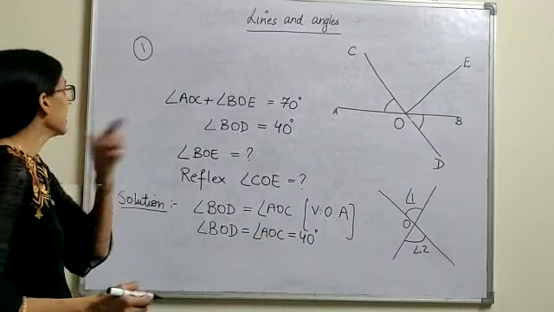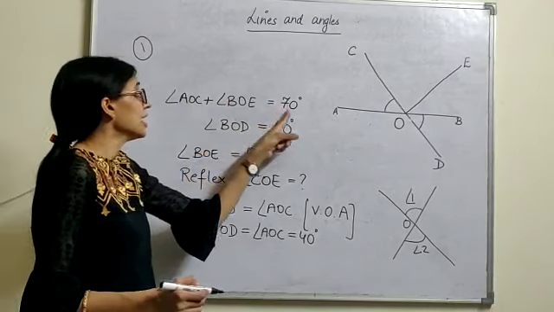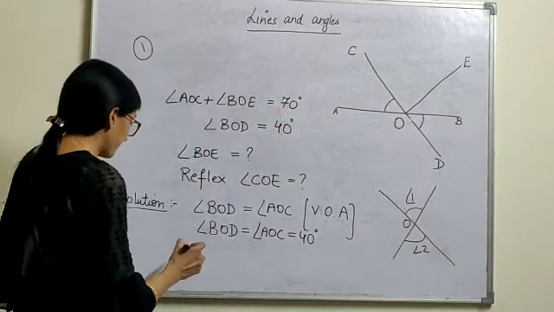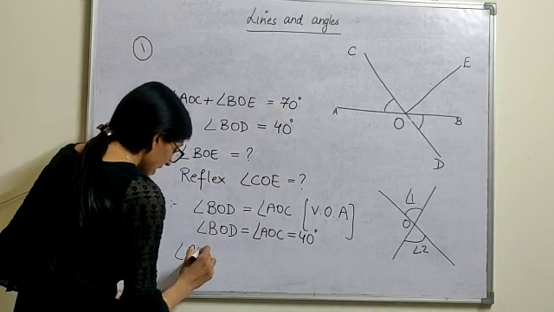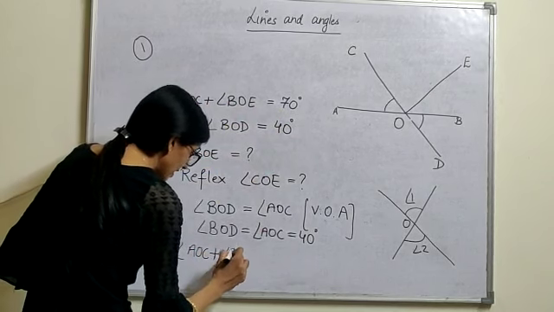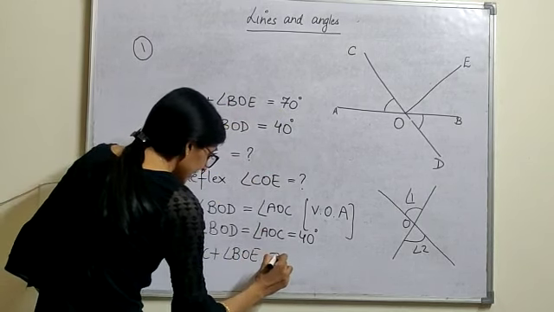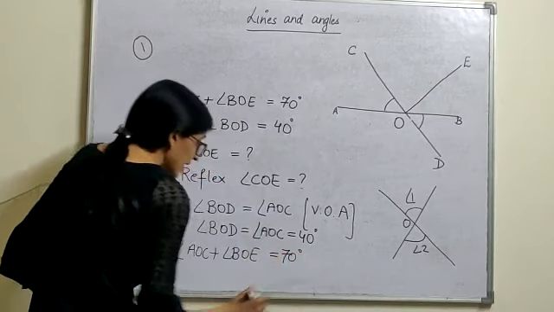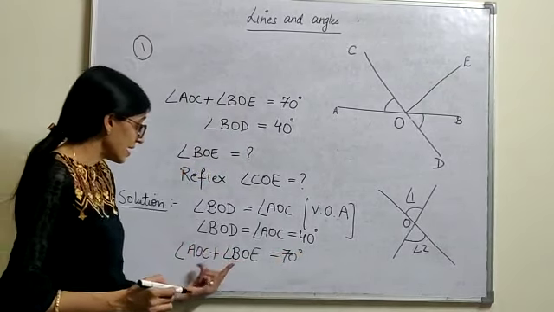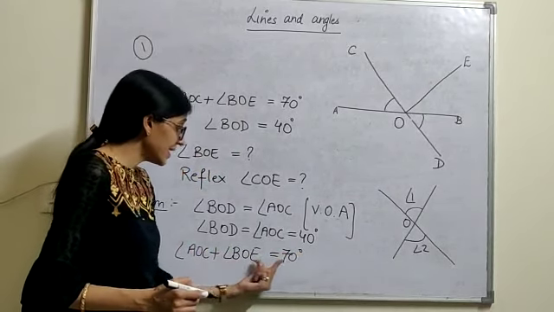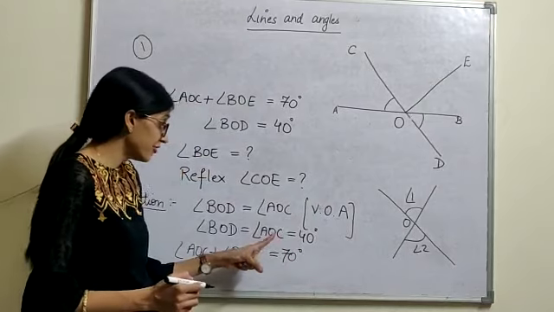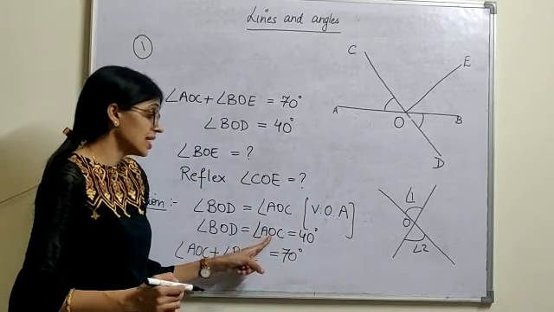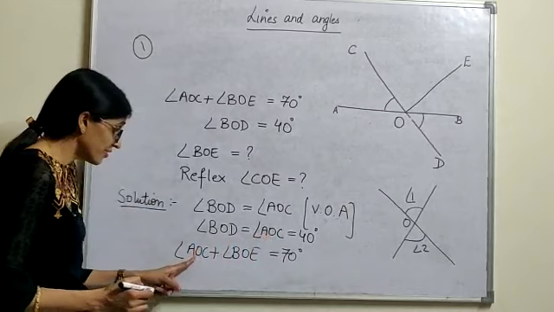We know angle AOC plus angle BOE is equal to 70 degree. Now, if angle AOC plus BOE equals 70 degree and we know angle AOC is 40, put the value here.